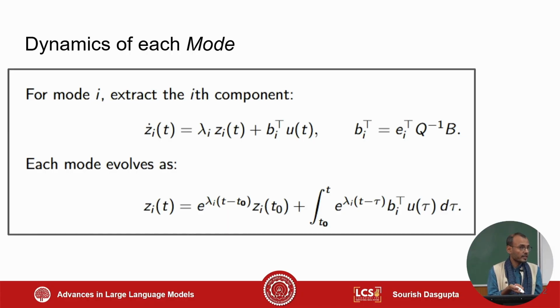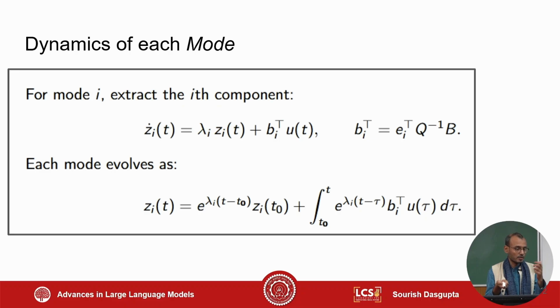And then if you integrate on both sides, you'll get Z I of T equals the closed form solution, e raised to lambda I (T minus T0) times Z I of T0, plus the integral from T0 to T of e raised to lambda I (T minus tau) times B I transpose U of tau.